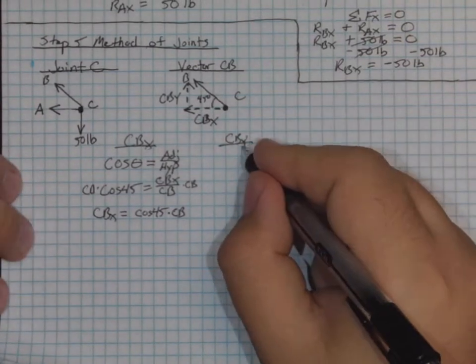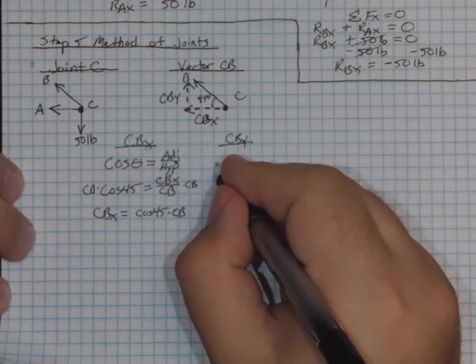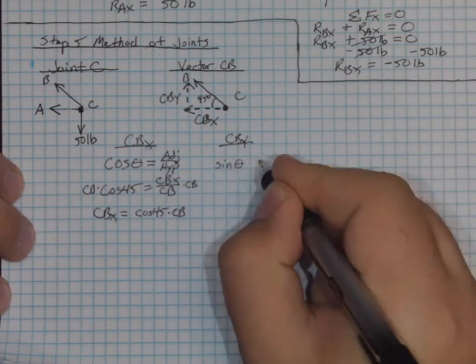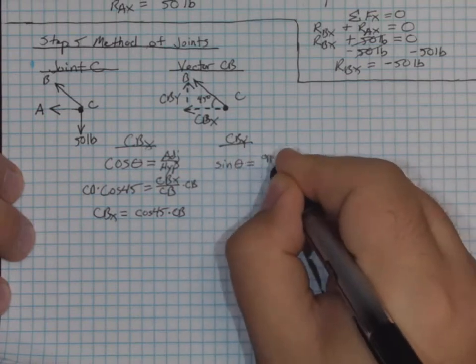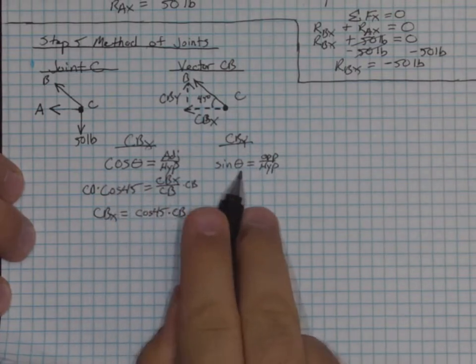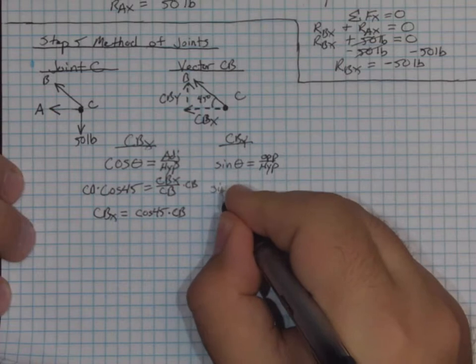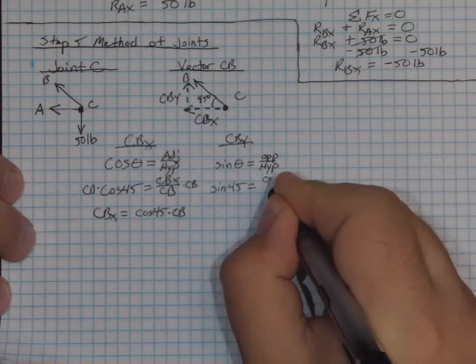All right, I'm going to do the same thing with CBY. Now CBY is the opposite side of the triangle, which means we're going to use sine. And like I said, we're going to go through and use sine and cosine. However, if you use cosine for one, you're going to use sine for the other. Sine is the opposite side over the hypotenuse. I substitute in what I know.